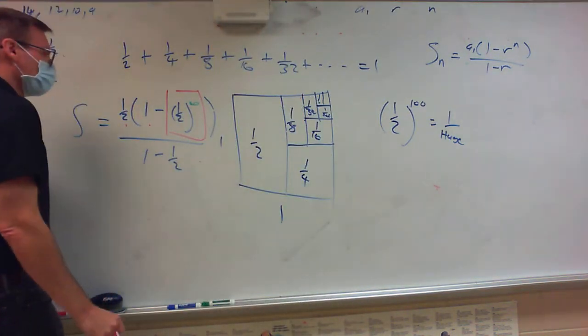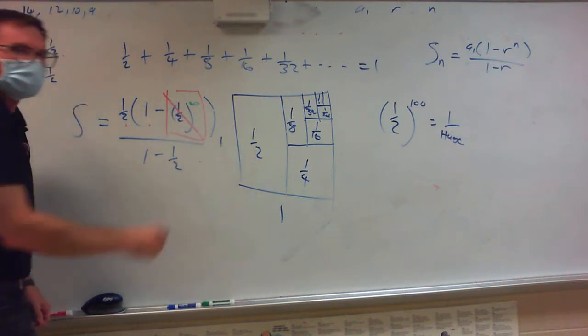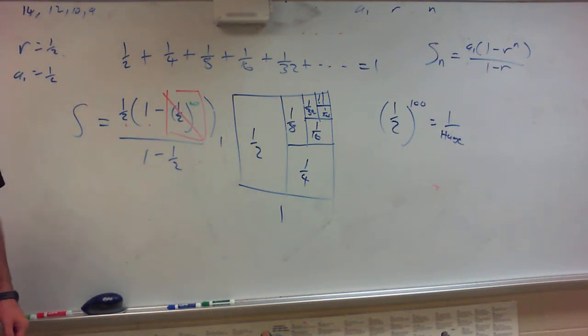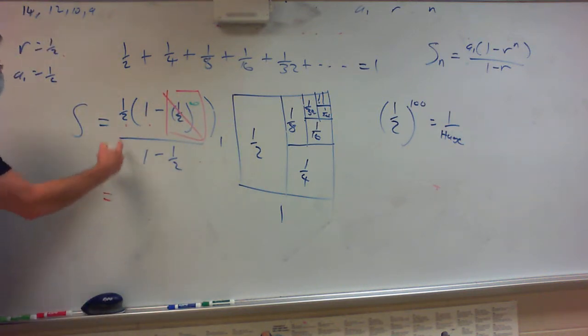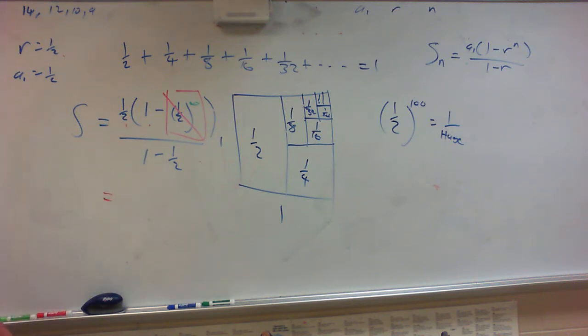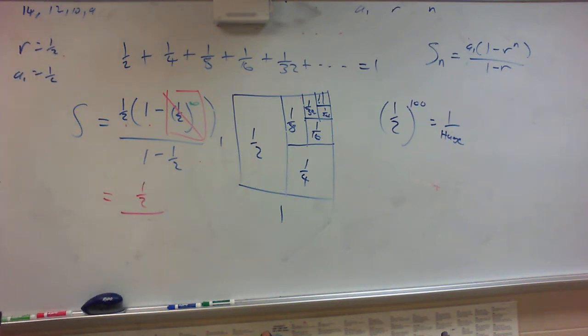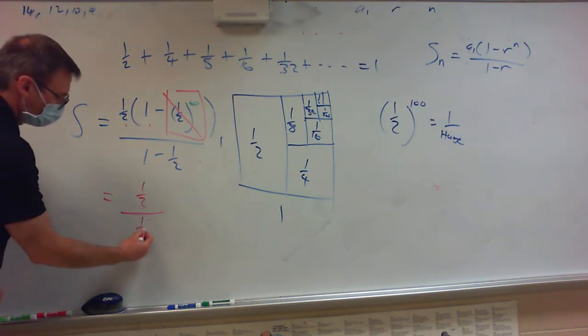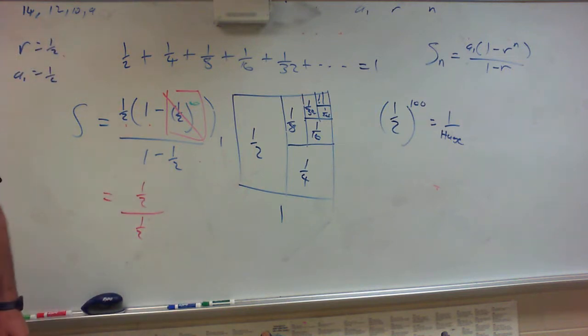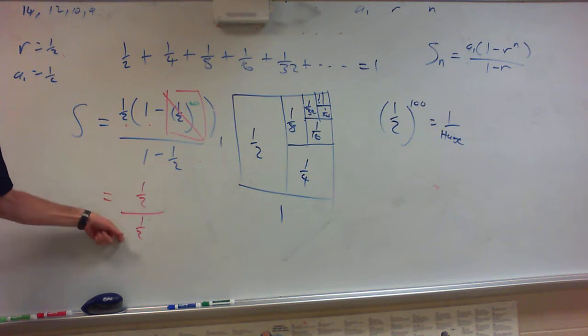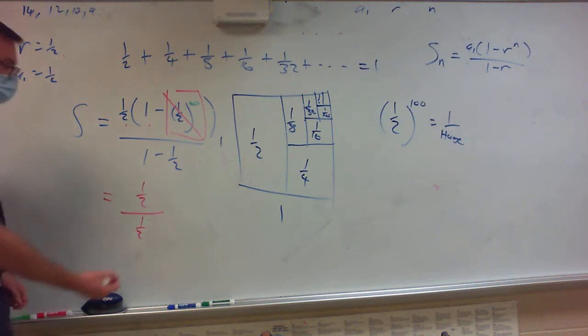Well, wait a minute. If this just goes away, what are we left with? What's left on top? 1/2. And what's 1 minus 1/2 on the bottom? 1/2. And what's 1/2 over 1/2? 1.